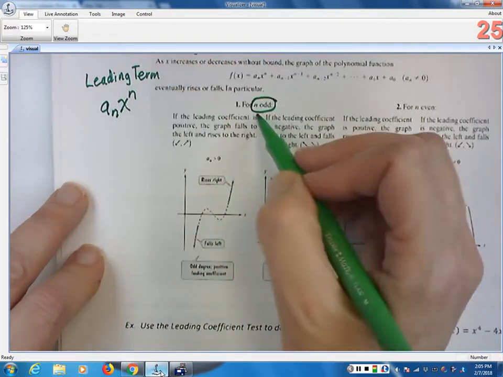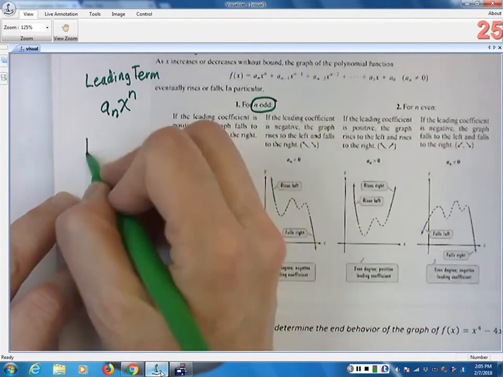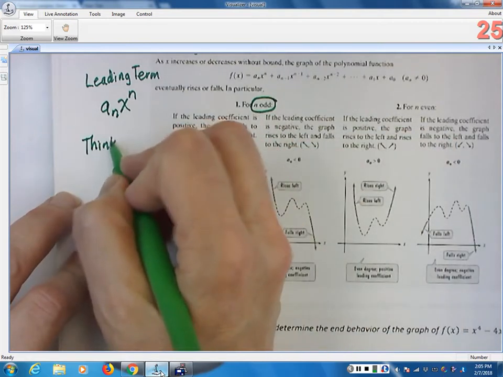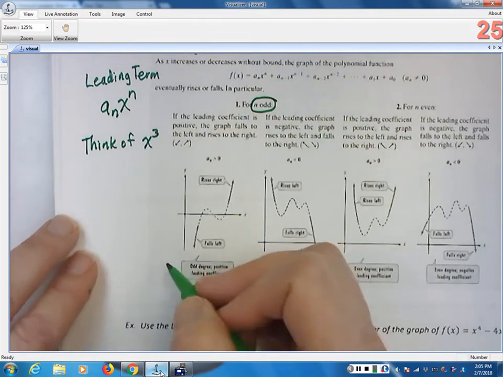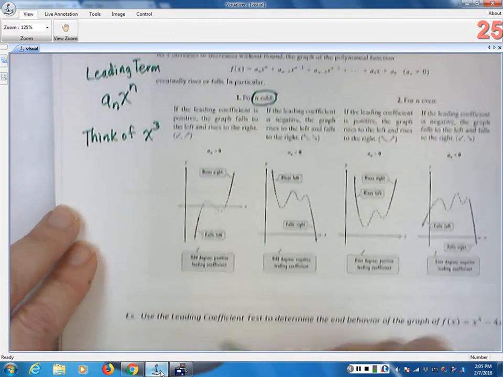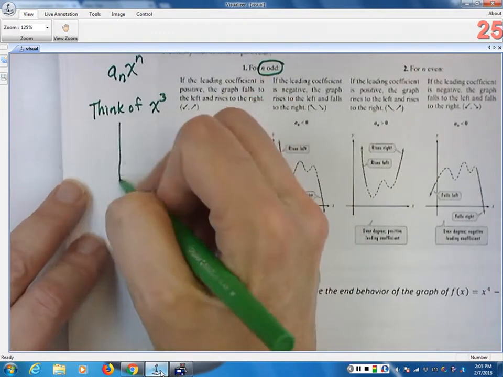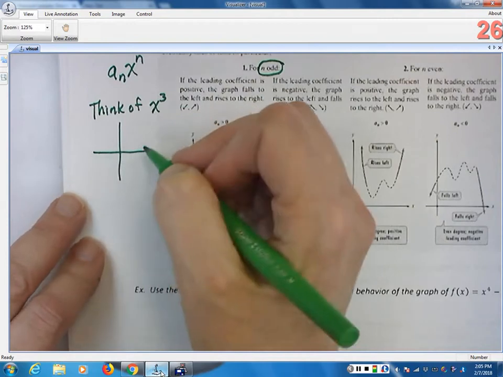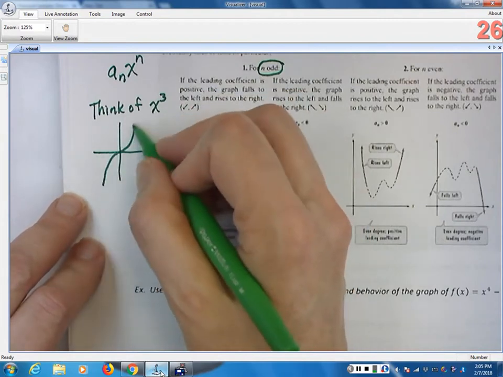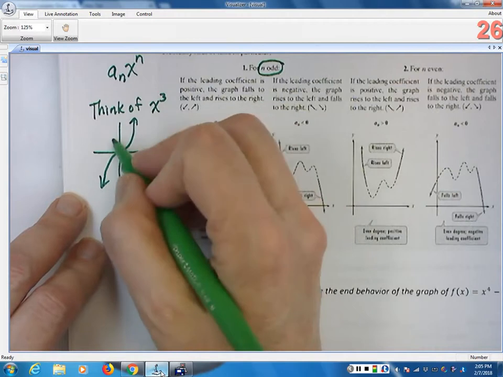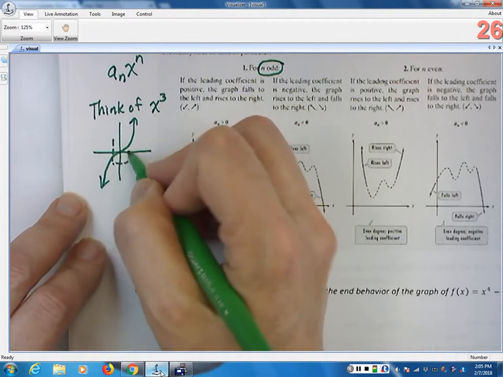So if n is odd, you should think of f of x equals x cubed. This is one of those graphs you should have memorized, and it looks like this, but we'll make a little box here.